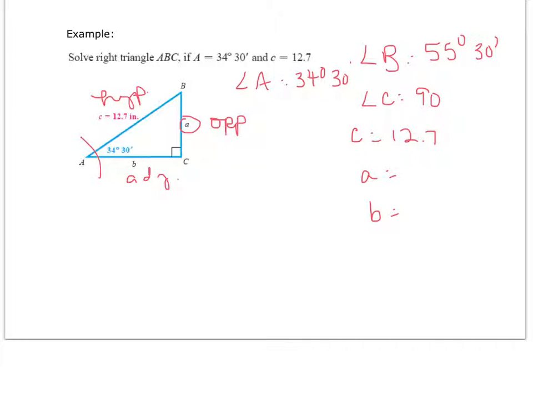So adjacent over hypotenuse is cosine. So we're going to have cosine of 34 degrees, 30 minutes, equals B over 12.7.